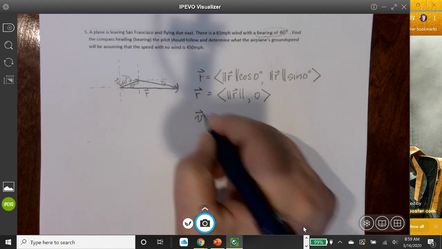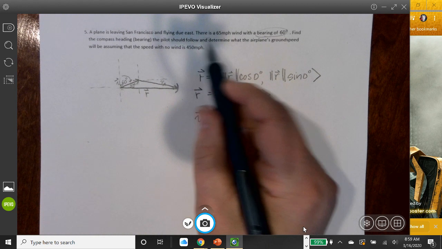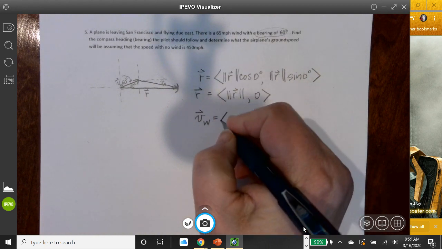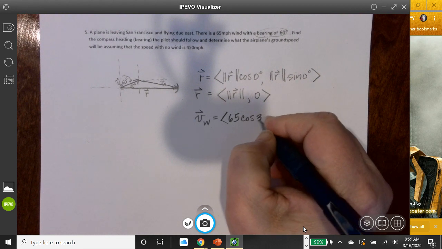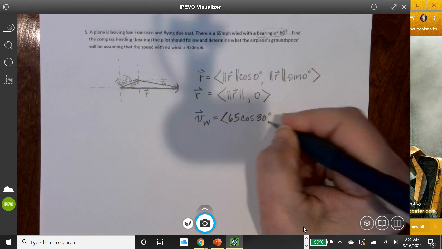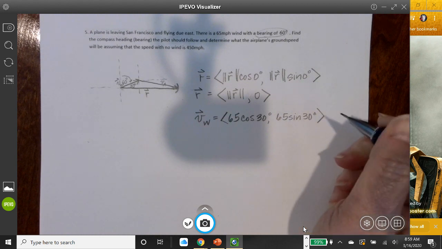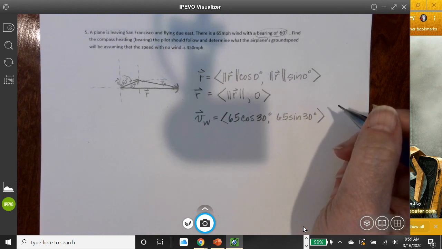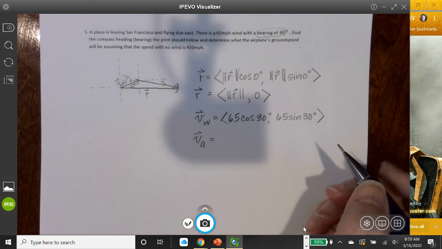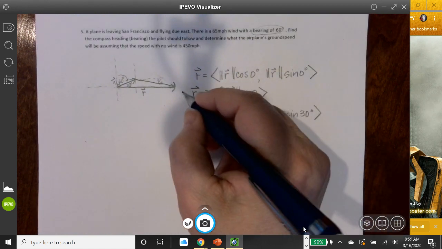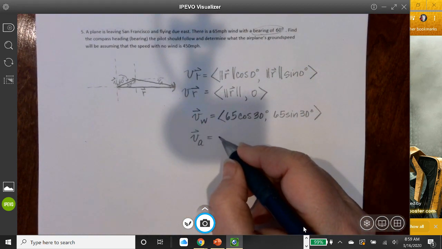Now I need the velocity of the wind. Well, they told us it was flying at a bearing of 60, and it gave us our magnitude. So we know that that's 65 times the cosine of 30 degrees, and then 65 times the sine of 30 degrees. We know that one. And I need the velocity of the airplane. I should put this as the velocity of the resultant. Okay, the airplane.